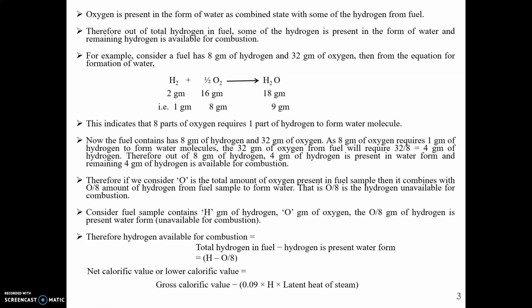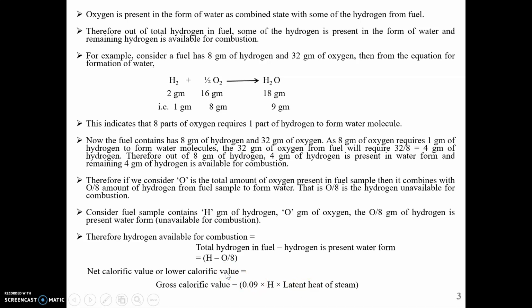Now, from the concept of gross calorific value, that is higher calorific value, and net calorific value, also called lower calorific value, we know the relationship between them: net calorific value is equal to gross calorific value minus (0.09 × percentage of H × latent heat of steam).